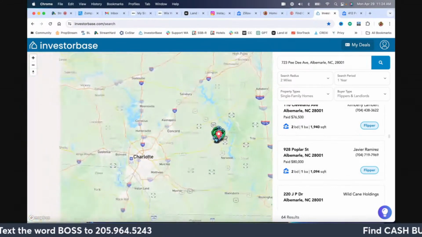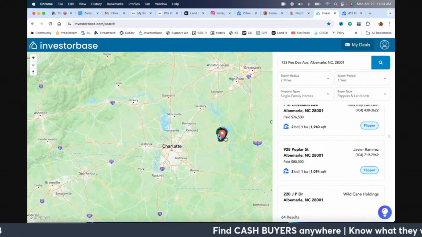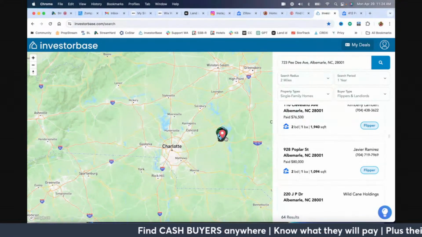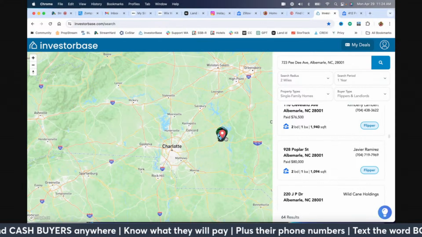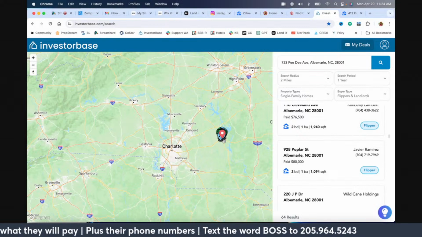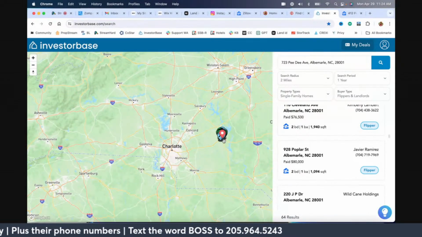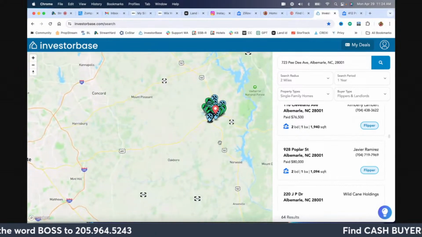Where is this located? Was it Opelika? It's Albemarle, North Carolina. Oh, okay. Albemarle. Is that an L in it? Yeah, that's an L. But it's a distance from Charlotte.